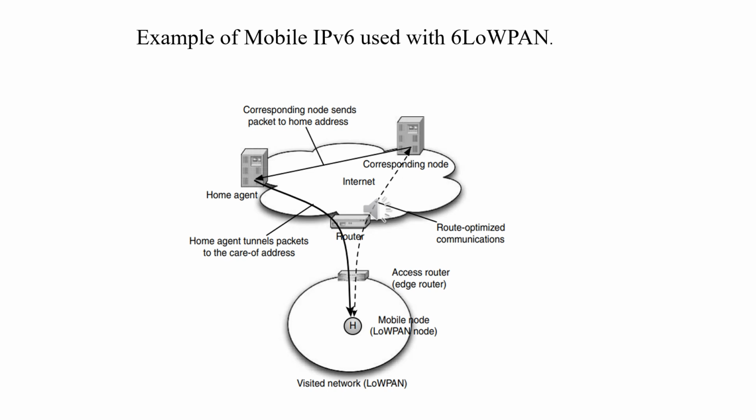The figure illustrates basic mobile IPv6 functionality. When a mobile node roams to a visited network, it uses mobile IPv6 in the following way to maintain global connectivity via its home address. After detecting that the subnet has changed and that the node is no longer in its home network, it sends a mobile IPv6 binding update message to its home agent.